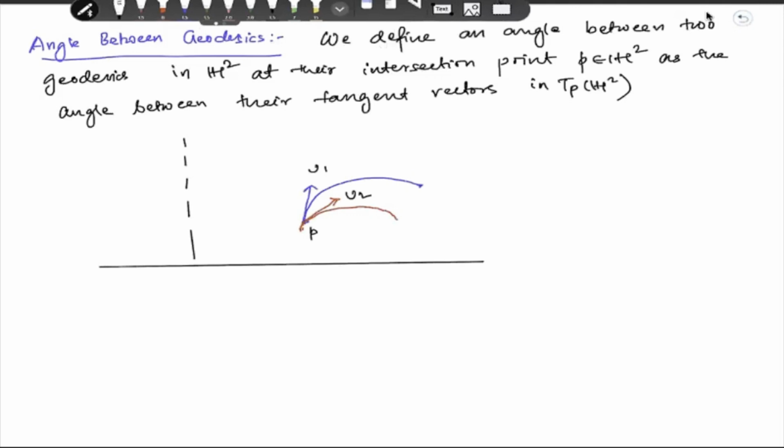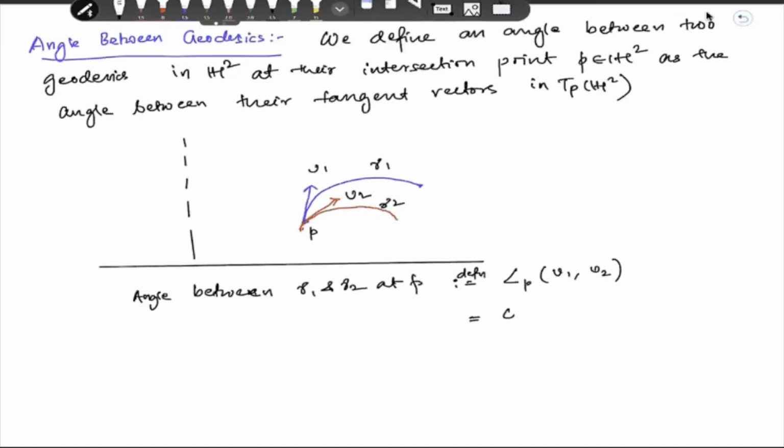If I take these two geodesics to be gamma 1 and gamma 2, they are intersecting at point P. So the angle between gamma 1 and gamma 2 at the point P is defined to be the angle of these two vectors, V and W, which is nothing but cos inverse of the hyperbolic inner product divided by the norm of V multiplied by the norm of W.